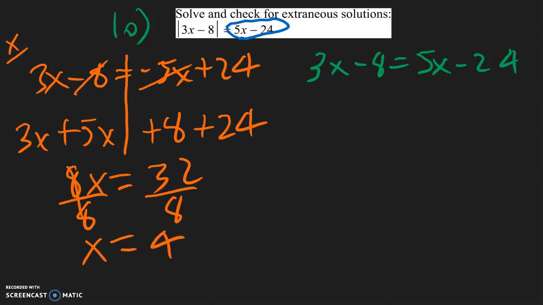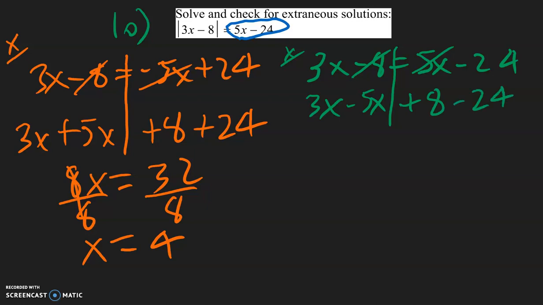Now let's solve the second equation. We want the variables, the letters on this side, so 3x is already here. This positive 5x, come on over here. You have an x, you need to be on the left side. Positive changes to negative 5x. And then numbers on the right side, this negative 8 goes away, becomes positive 8. And this negative 24 can stay.